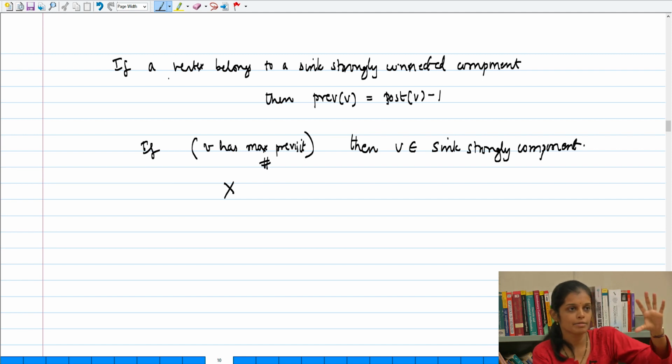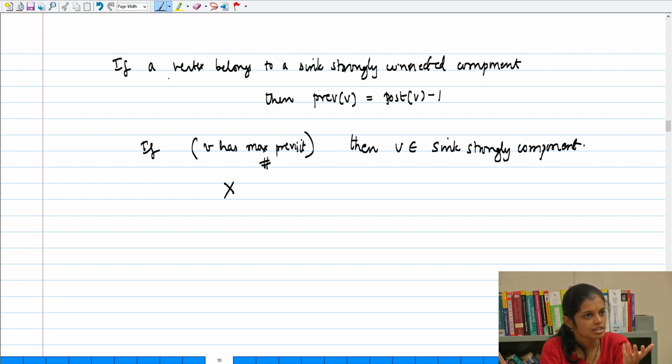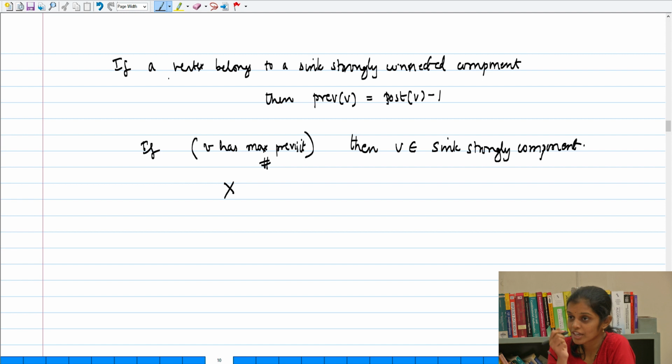I mean, you can say some statements about, okay, take a vertex, ask does it have pre-visit number and post-visit number larger than something, and so on, of all vertices, but other than that these components are not given to you. So the statements may be true, but those don't help us find a vertex belonging to a strongly connected component. That is what if we are lucky, yes, this will happen, but we want to deterministically be lucky, right?